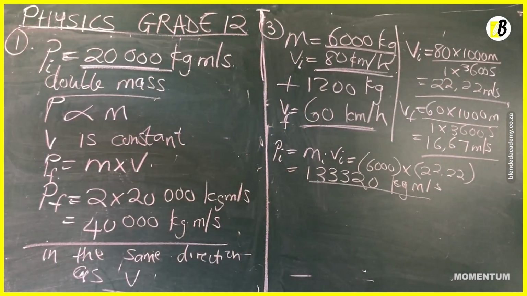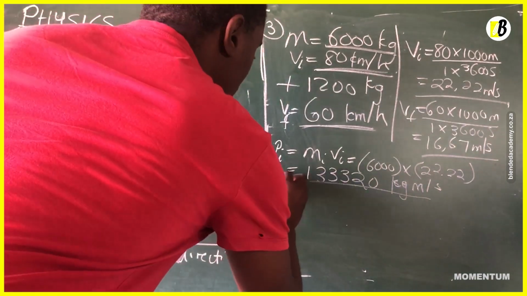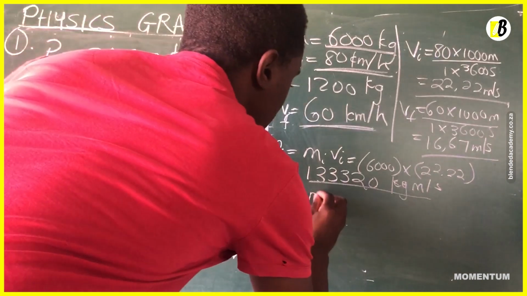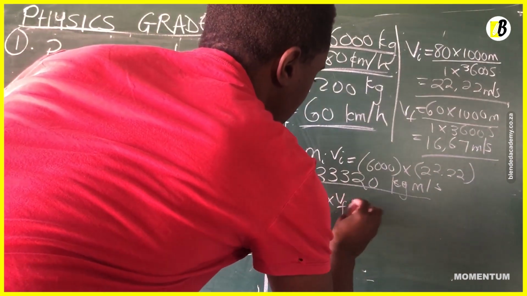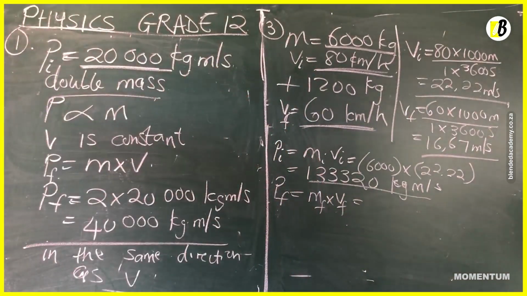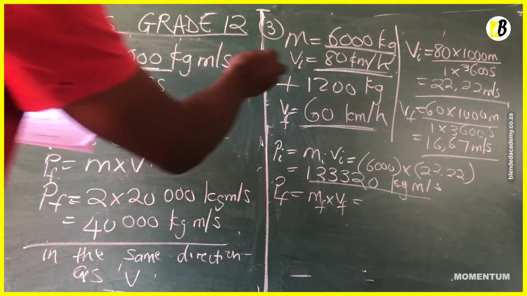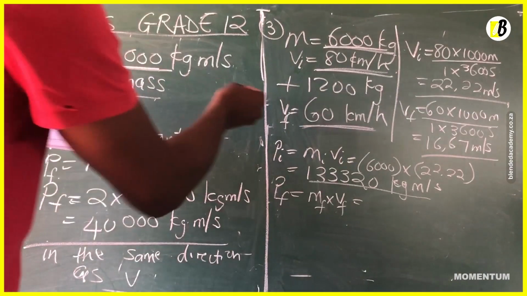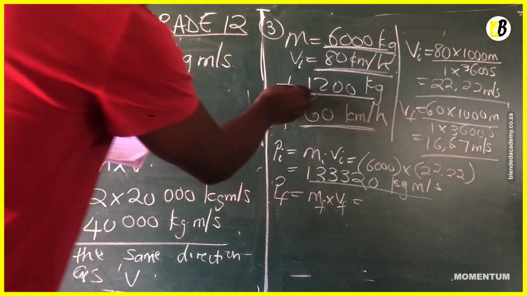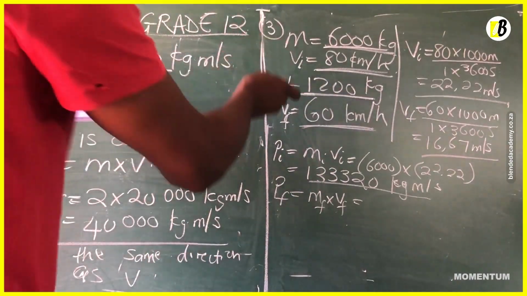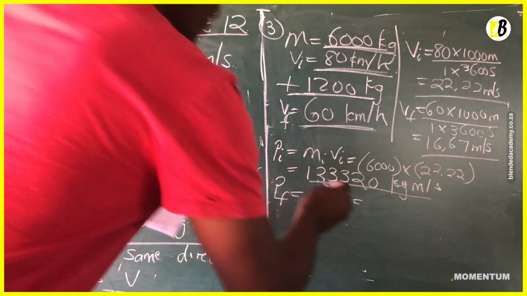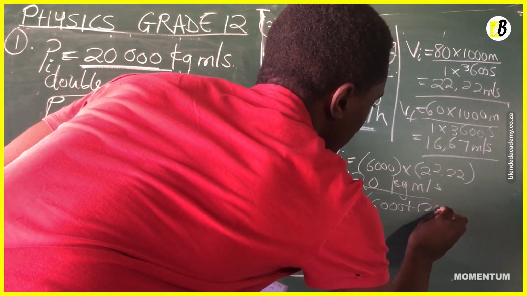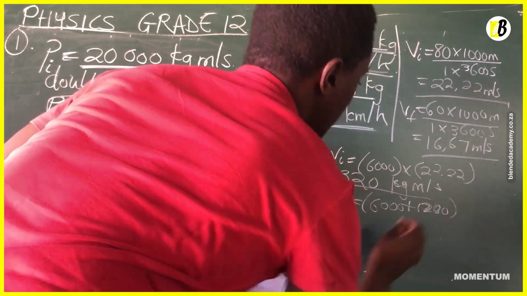After loading the truck, we're going to have the final momentum, which is final mass multiplied by final velocity. For the final mass, remember the truck has a mass of 6,000, and we're adding an object with a mass of 1,200 to the truck. So our final mass will be 6,000 plus 1,200. The mass is going to change.